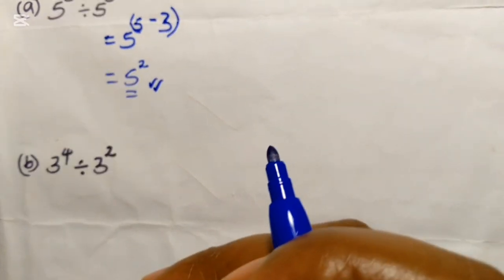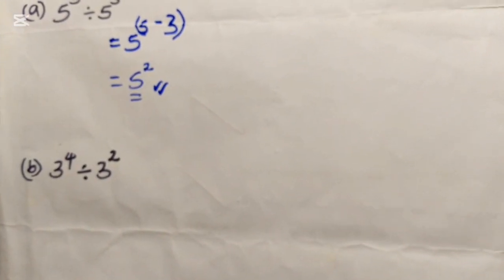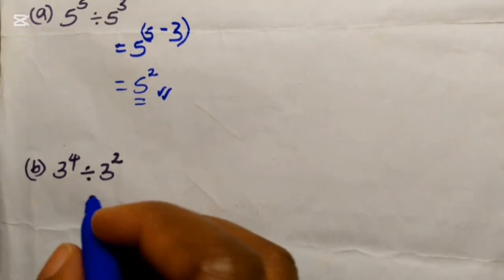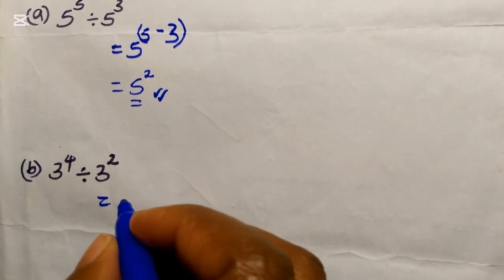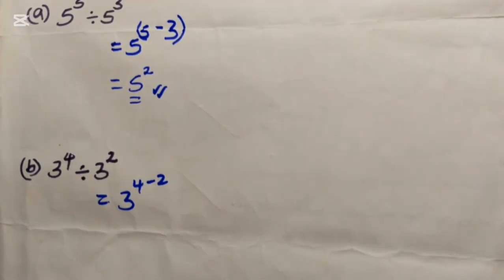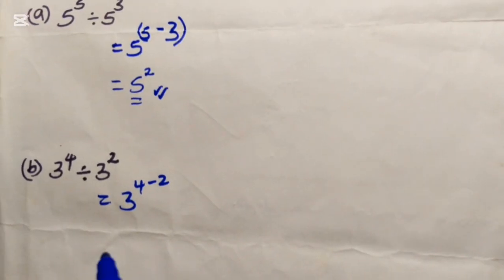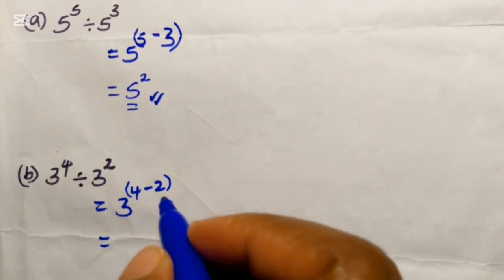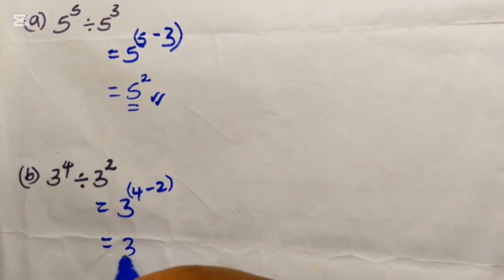The next one, not much difference, they have the same base, so we are going to subtract the powers. That is, this is the same as 3 power 4 minus 2, which is equal to 3 power 2.